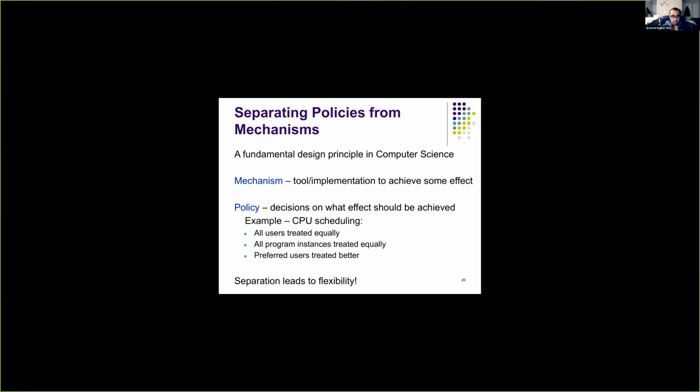So mechanism is how the task is done, but policy is what task needs to be done. So the operating system separates these two things, and thereby it provides a nice abstraction. There is another design principle called indirection that's also commonly used in operating systems, which we'll look into in more detail as we look at other aspects of operating systems later in this course.